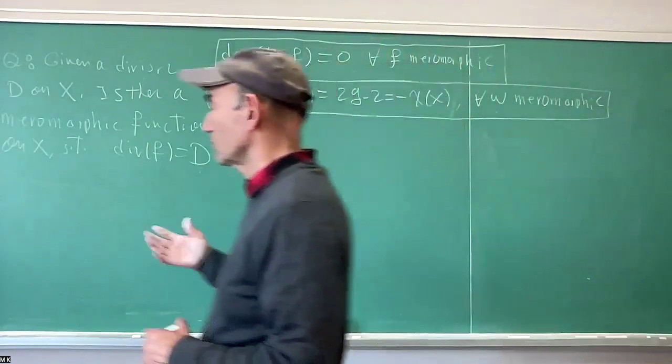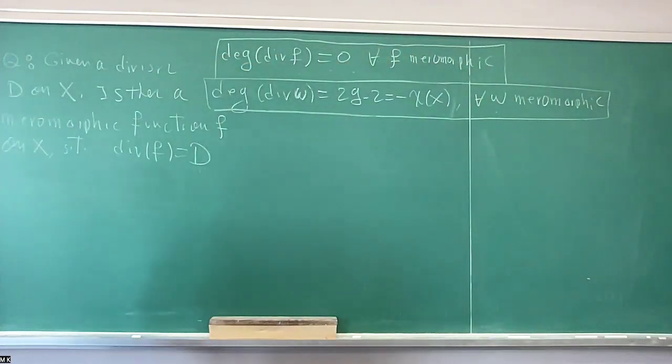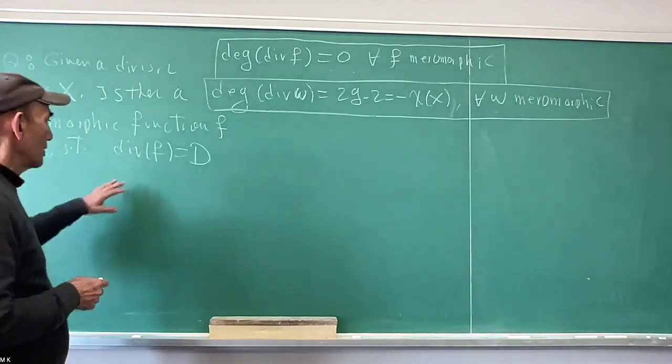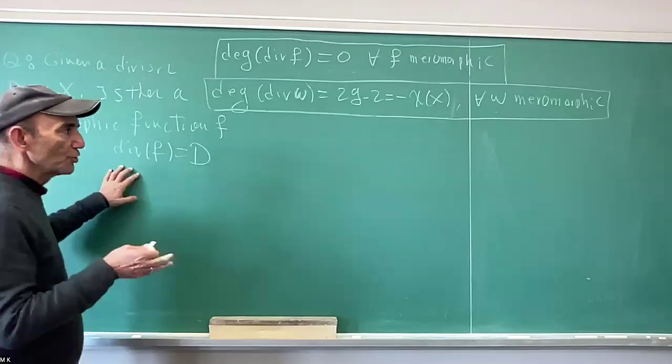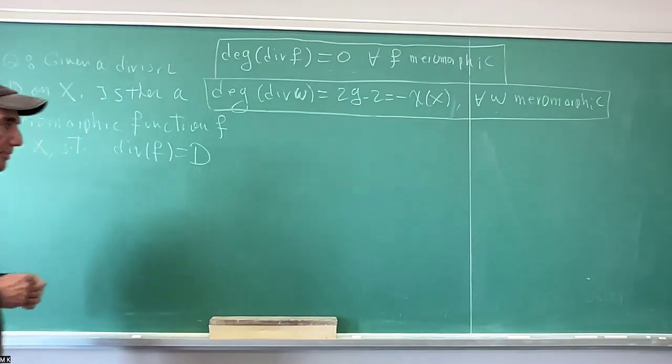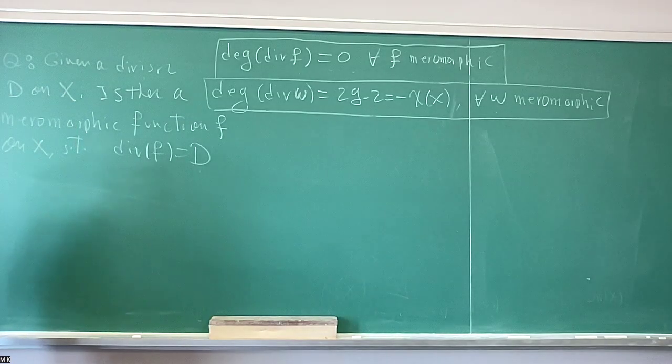And it's also very easy to answer on the Riemann sphere. But beyond that it is an extremely complicated question that is more or less partially answered by the Riemann-Roch theorem. That's what we're going to do.